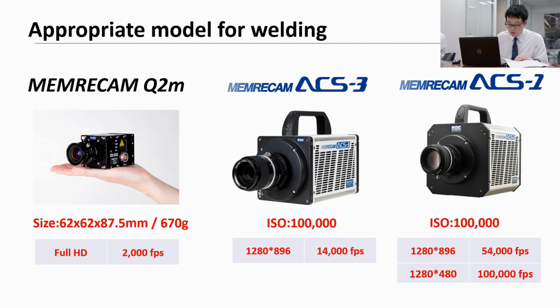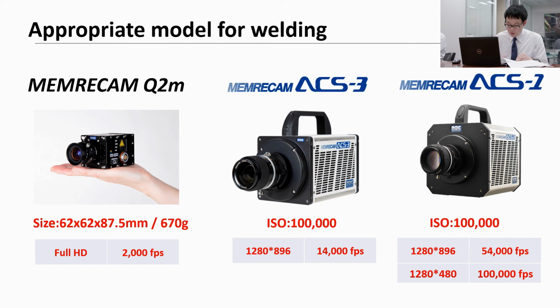ACS1 has high resolution and sensitivity. When you shoot laser welding required high frame rate, you can shoot with high resolution and more clearly. ACS3 is compact model of ACS1. It is smaller and lighter than ACS1. And this camera is appropriate model for laser welding like ACS1 too.